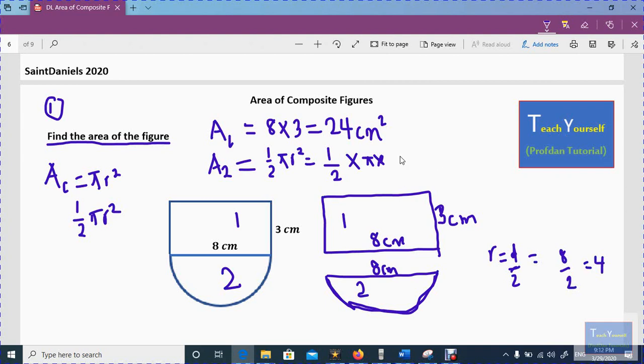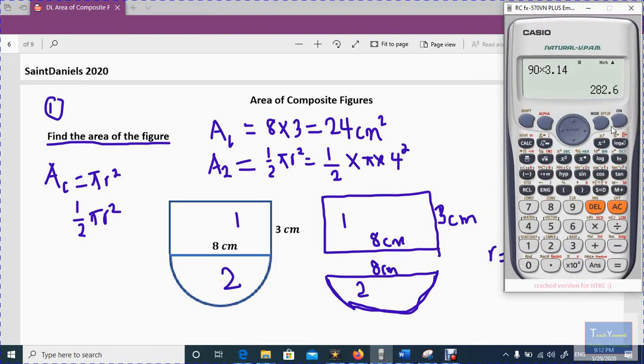So I put the value here. So the radius is 4 all squared. Okay, if my calculator is allowed, I have 1 over 2 multiplied by pi multiplied by 4 squared, and that gives 8 pi, which is 25.13.